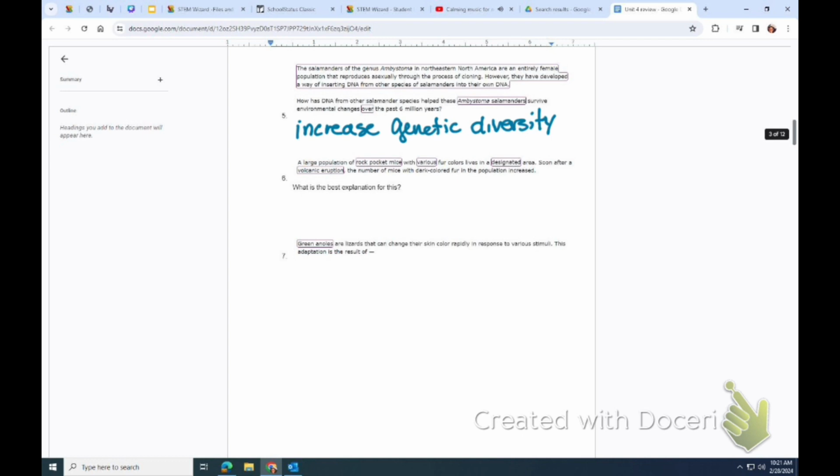Fitness. Yes, fitness. So the fitness of the mice with dark fur increased, so they became abundant.